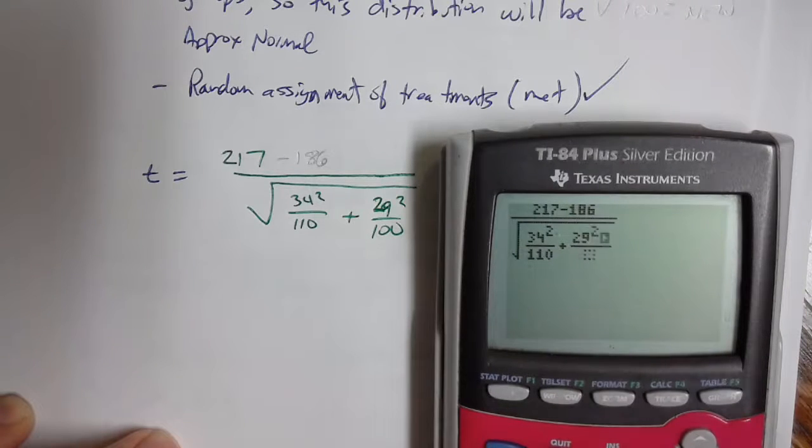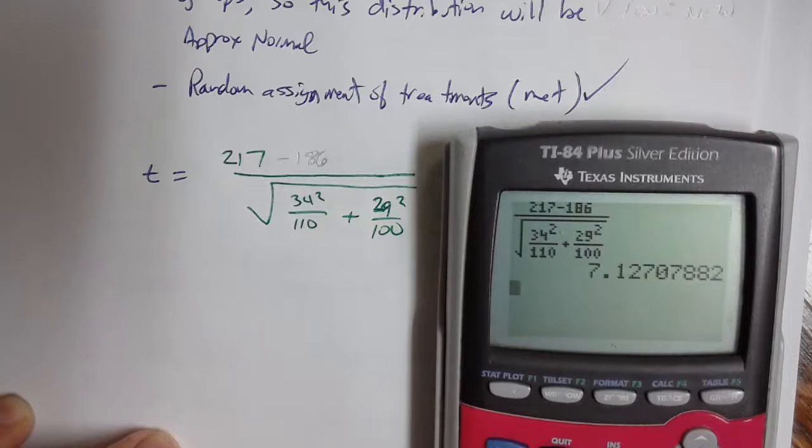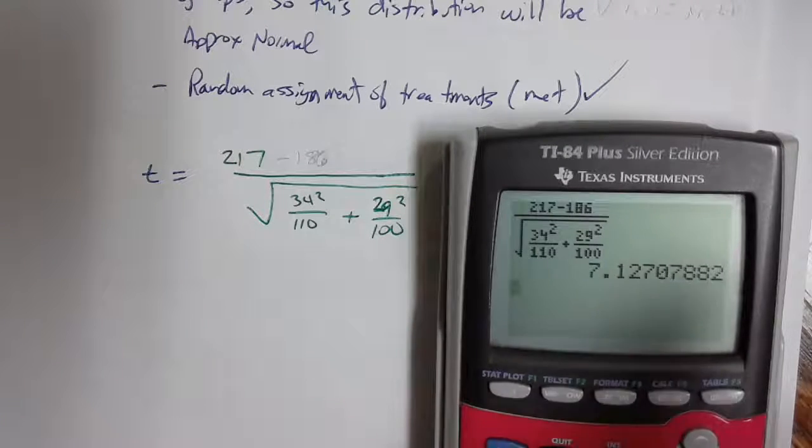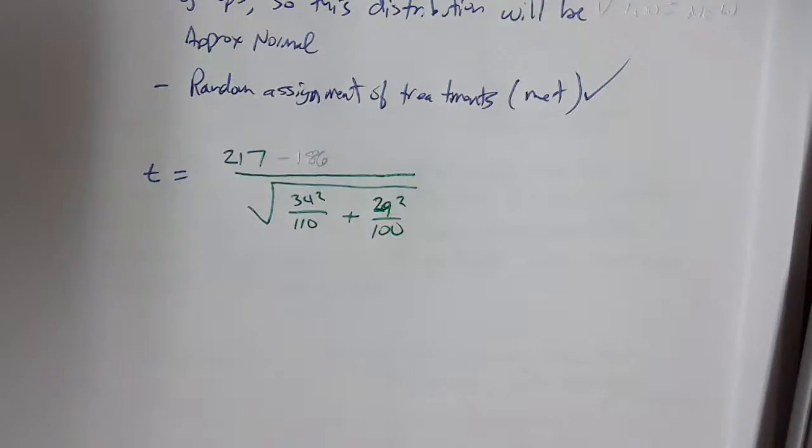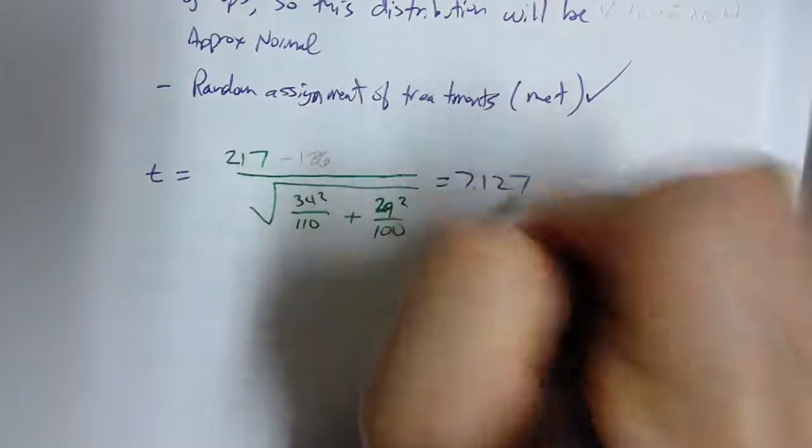And we get this t-score of 7.127. It's a very large t-score, but we're still going to look this up and make sure that this is significant here. So this has a degree of freedom.